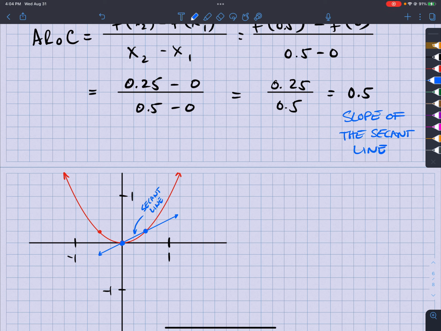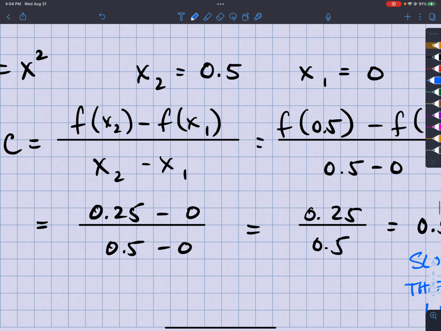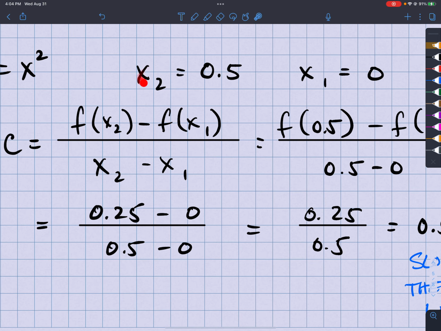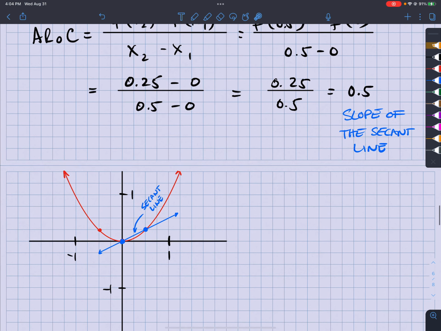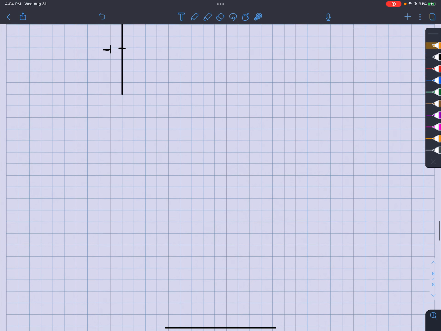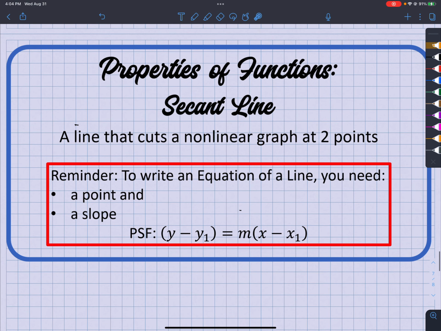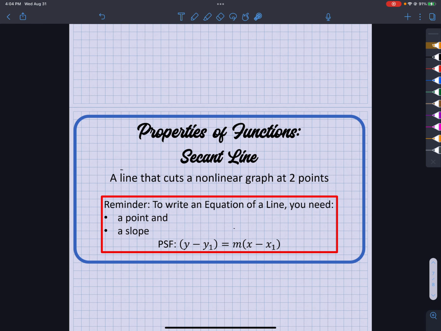So if I can find the slope of the secant line, that means I can find the equation of the secant line, right? Because I really have 2 points here, and I have the slope. So I can find the equation of the secant line, which is a line that cuts through a non-linear graph.